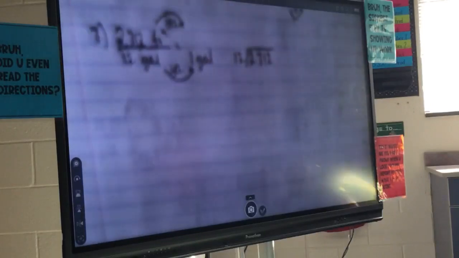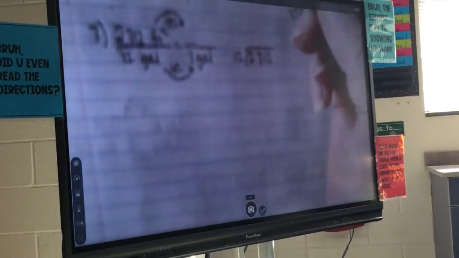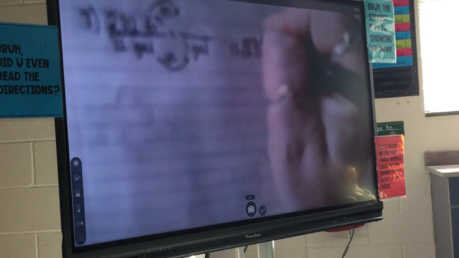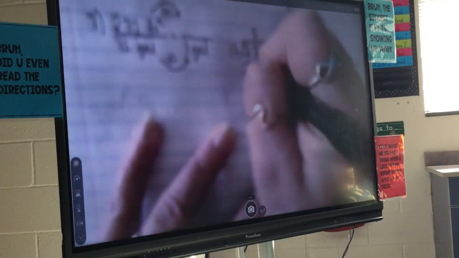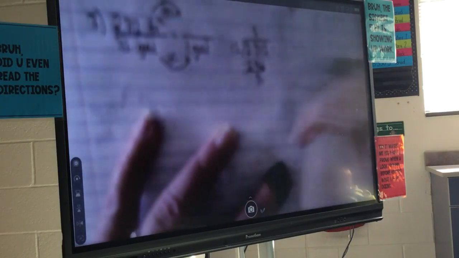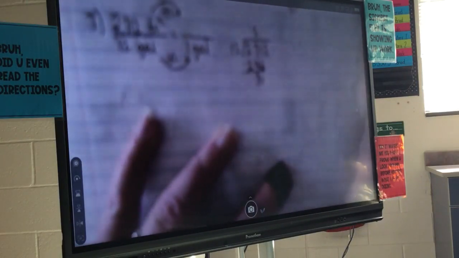All right, let's go ahead and go over this. So you should have this set up to figure out how many square feet per 1 gallon. So when you do your division, what do I multiply 12 by to get close to 27? Isaac? What do I multiply 12 by to get close to 31? 2.